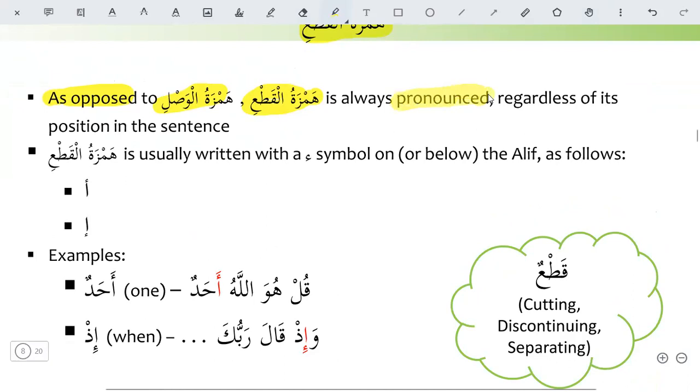If there is a Hamzatul Qat'i in a sentence or with the noun, we will not skip it. We must pronounce it regardless of its position. Whether it is in the beginning of the sentence or in the middle of the sentence, whatever its position, we always pronounce it.